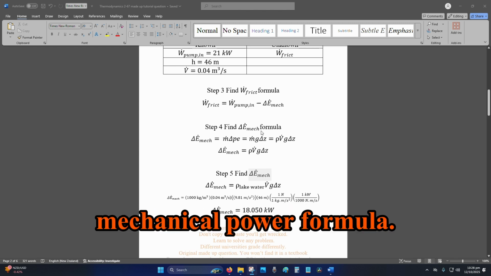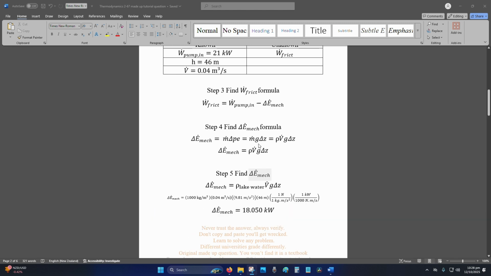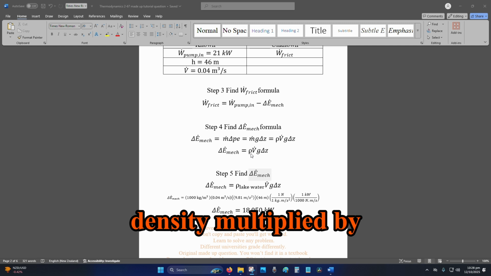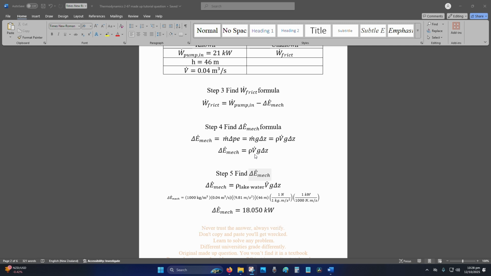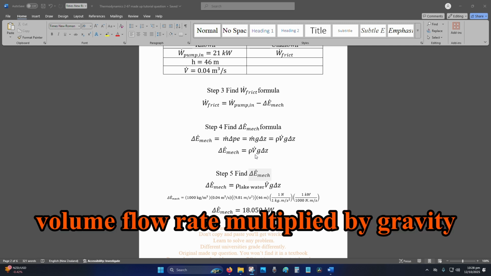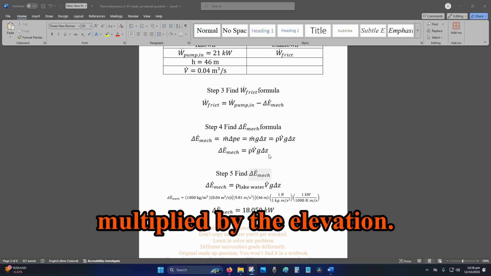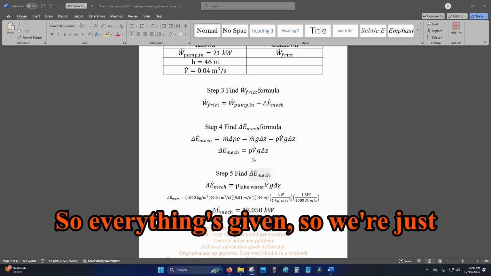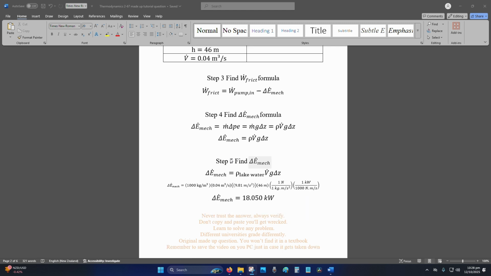Step 4, find the mechanical power formula. So in this case, it will be density multiplied by volume flow rate multiplied by gravity multiplied by the elevation. So everything's given, so we're just going to plug and play.